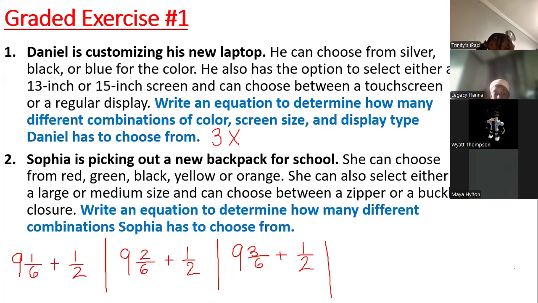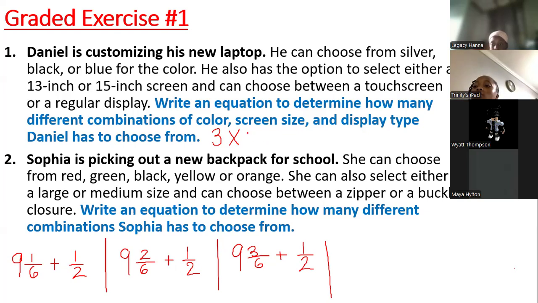There's something that comes before that. Oh yeah, my bad. I mean the screen, which she can pick from a 13-inch or a 15-inch screen, which is 2. Very good. And then the display, which she could pick between a touchscreen or a regular display, which is 2 as well. Very good.